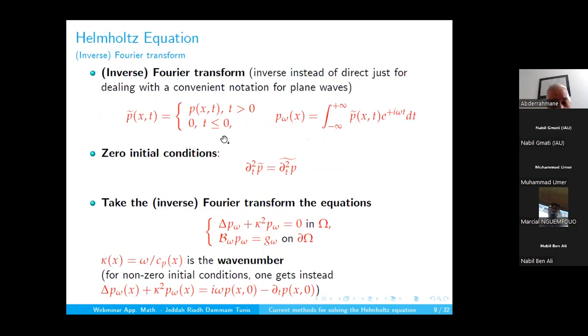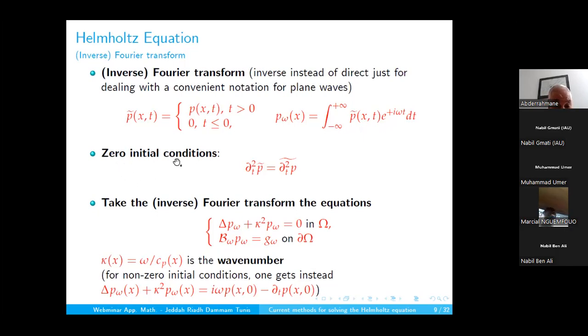P tilde is the extension of p by 0 for negative t, and you take here, in fact, it is not the Fourier transform, but instead the inverse Fourier transform. It would be equivalent to take the Fourier transform, but it is more convenient to take the inverse Fourier transform, because after you have a bit more convenient way to describe the propagation of waves.